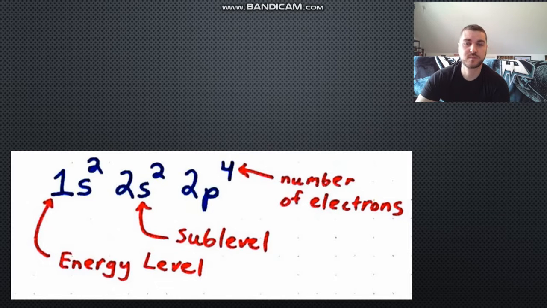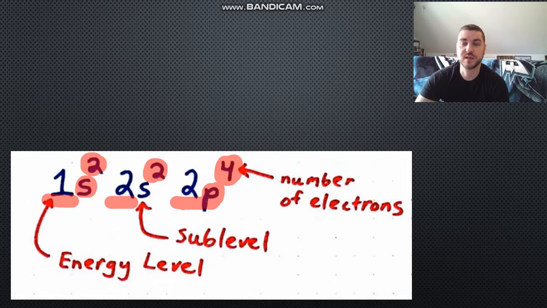This atom has 2 different energy levels that have electrons in it, the first and second energy level. The S sublevel in the first energy level has 2 electrons hanging out there. In the second energy level, in the S sublevel, there are 2 electrons present there. And in the second energy level, in the P sublevel, there are 4 electrons hanging out there.